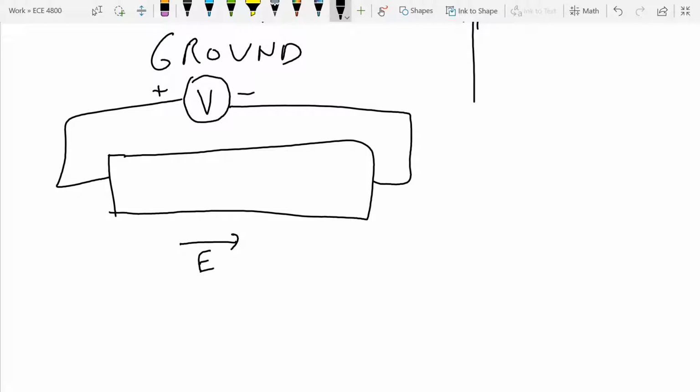What's unique about a conductive material is that there are electrons, there are charge carriers, and there are empty states. Let's say you have an electron here, and the material has a bunch of empty states like this. We're talking about a metal here.